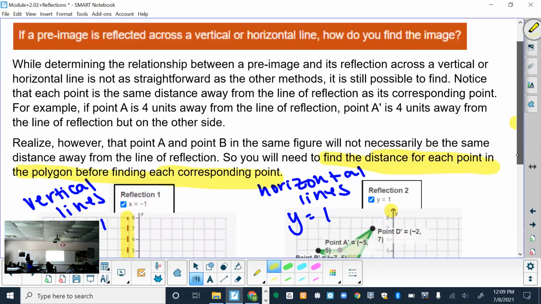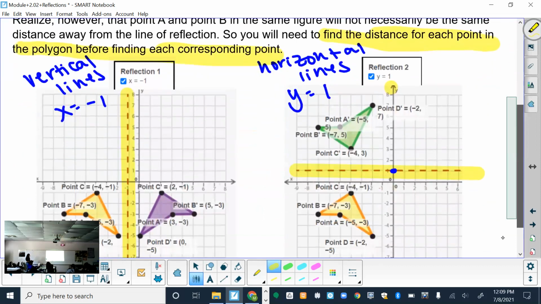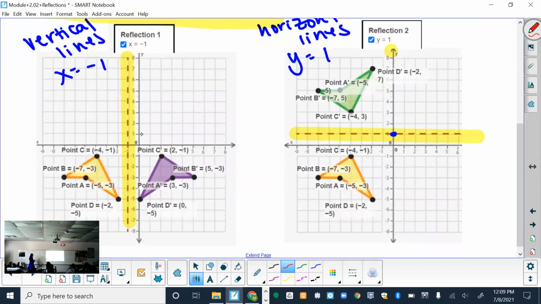So in the first example, if point C is 1, 2, 3 spaces away from the line of reflection, then C prime also needs to be 3 spaces away from the line of reflection. So that's 1, 2, 3.